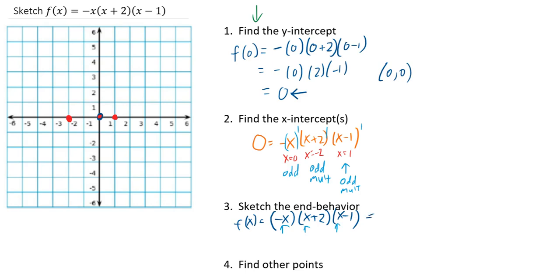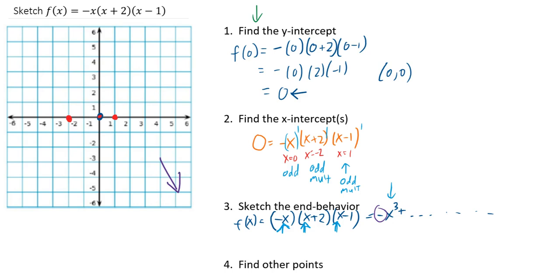If I actually FOILed this out, I would get negative x cubed plus something, plus something, plus something, plus something. But the biggest thing would come from multiplying this, this, and this. So I know it's going to start off with negative x cubed. Based on negative x cubed, I know I have a negative leading coefficient. Negative leading coefficient means the right side is going to end going down.